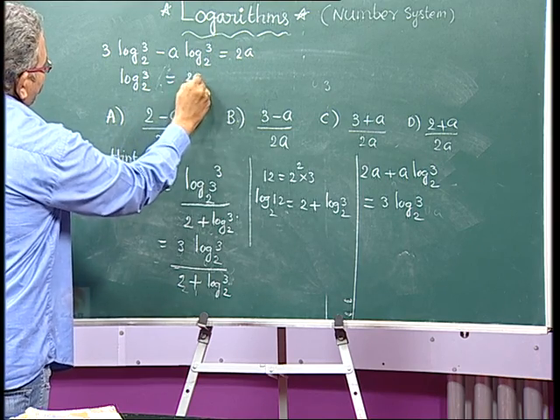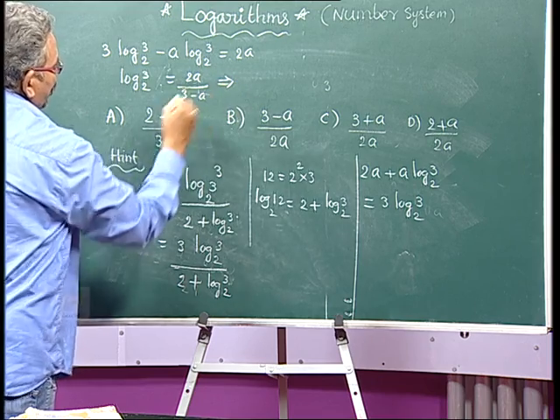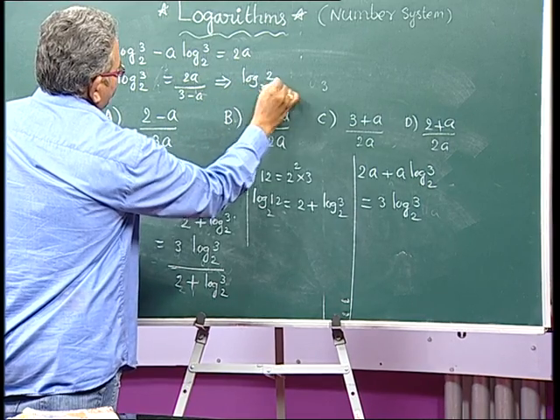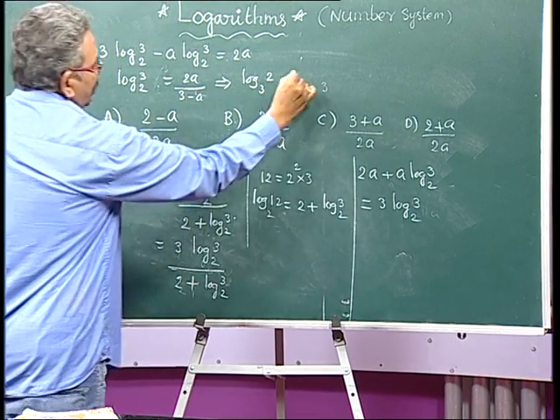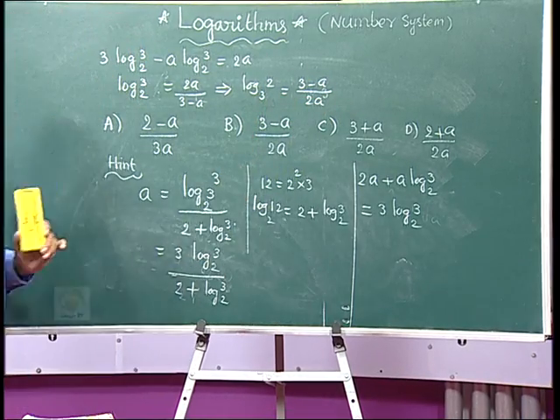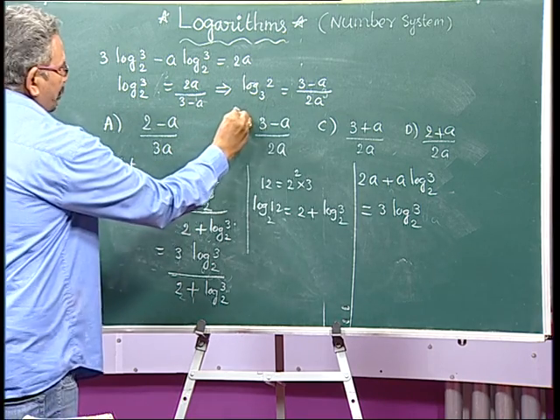So, this is 2a by 3 minus a. But what do we require? Log 2 base 3, that is the reciprocal of this one. So, 3 minus a by 2a. So, which is the right option? B will be the right option.